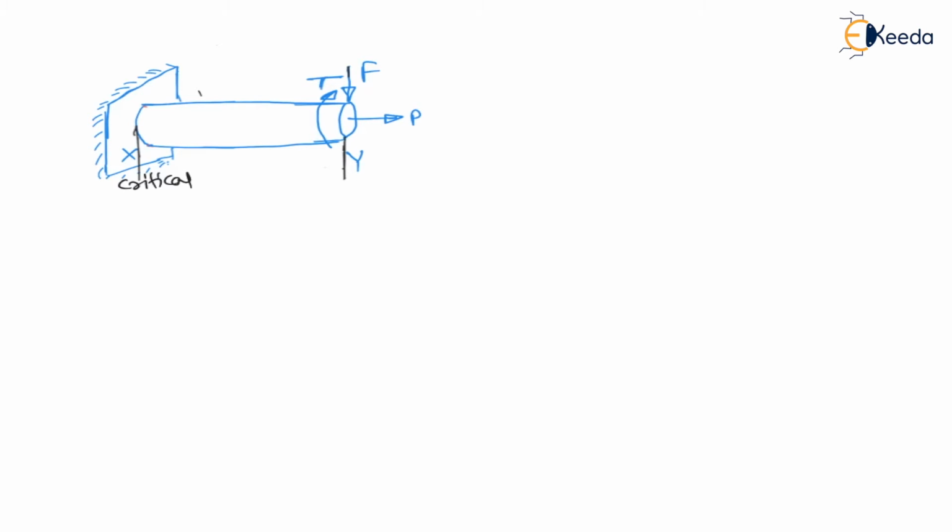Now let us say at the critical location the cross section is circular, and this is the center of the circle. Due to force F, the beam is going to bend like this. This is the bending shape of the beam.